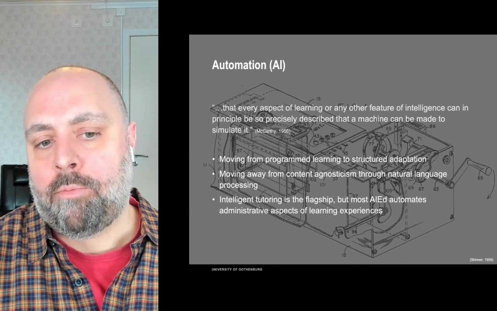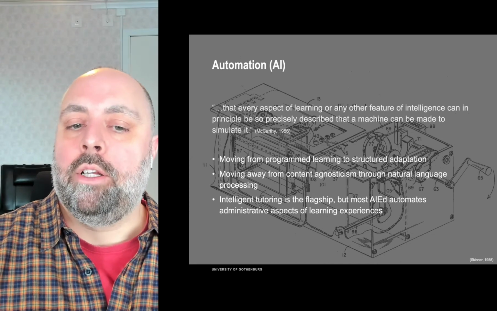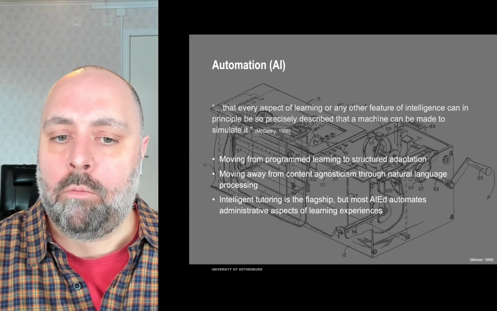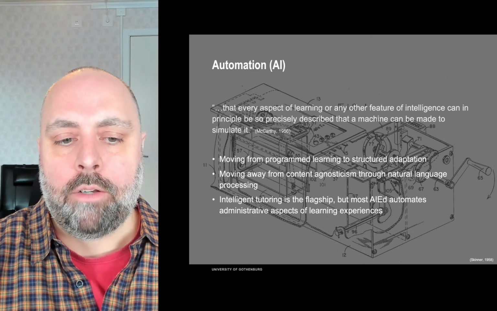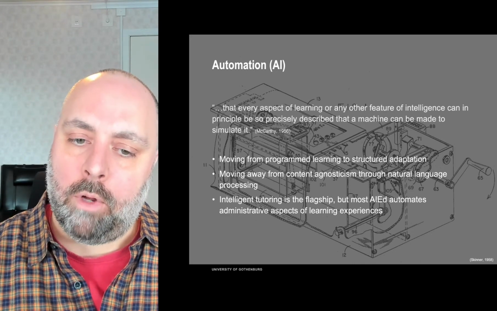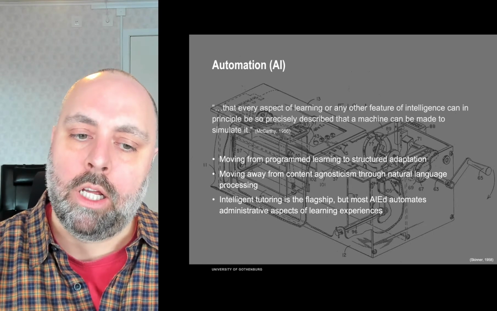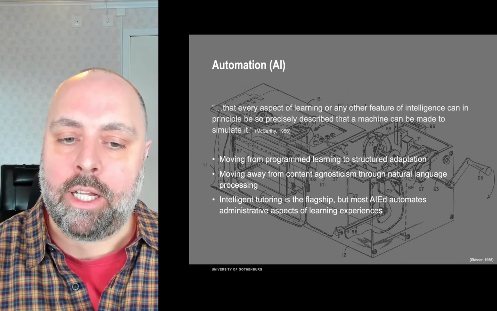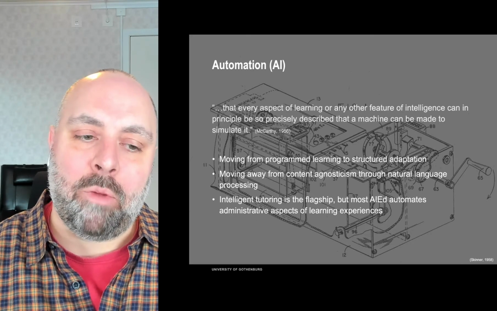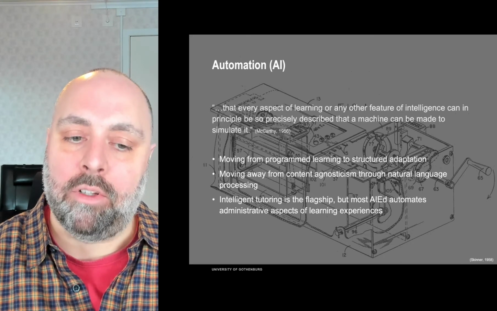Now, with natural language processing, it's possible for the machine learning to actually understand something about the content that it's working with. And so intelligent tutoring is kind of the flagship of how that works, if you want to see it in practice. But most AI ed or artificial intelligence for education processes actually automate administrative aspects of learning experiences.